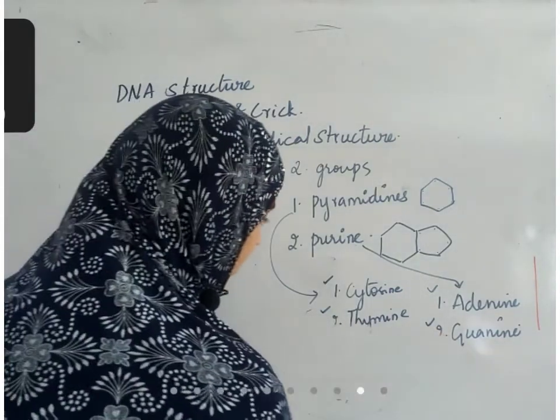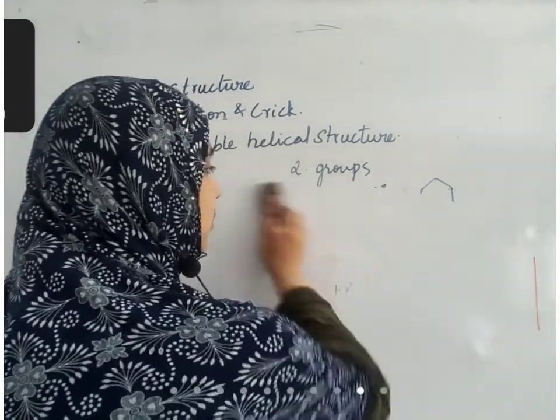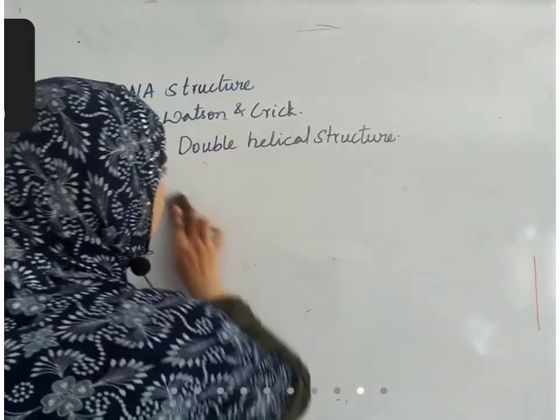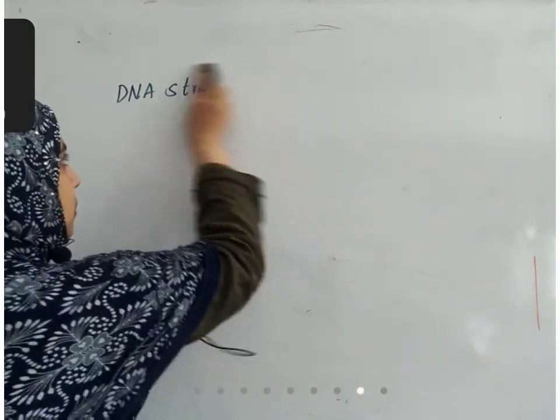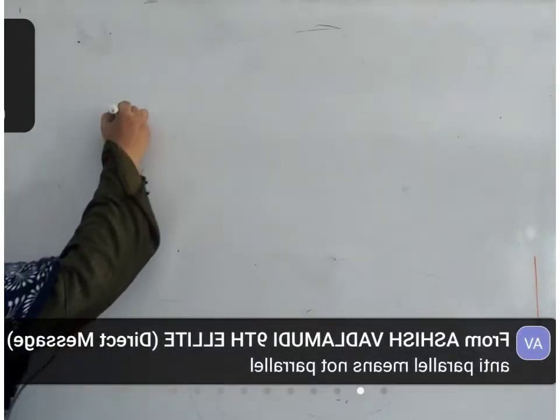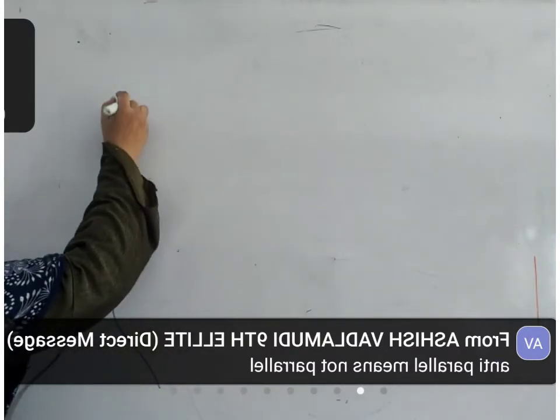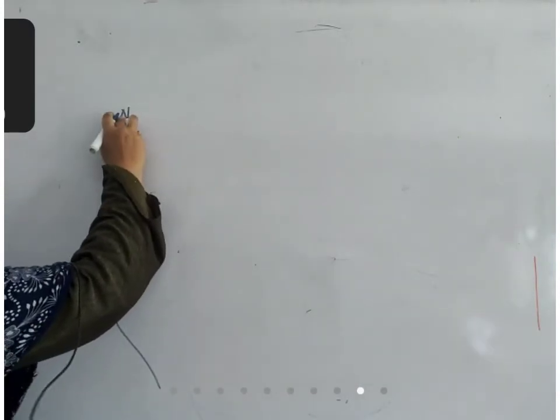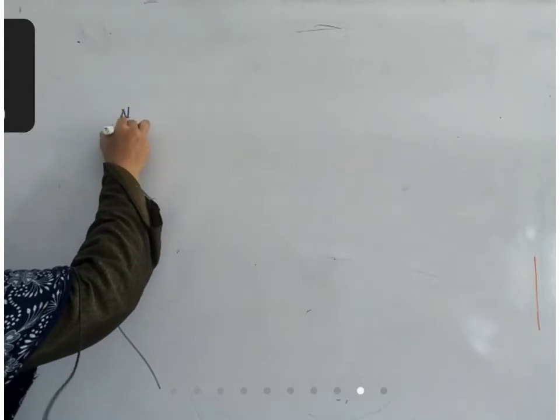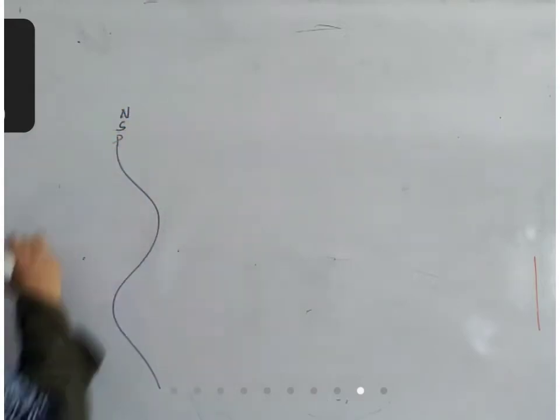Suppose let us take the first strand of DNA is like this, and this is made up of one nitrogen base, one sugar molecule, one phosphate.